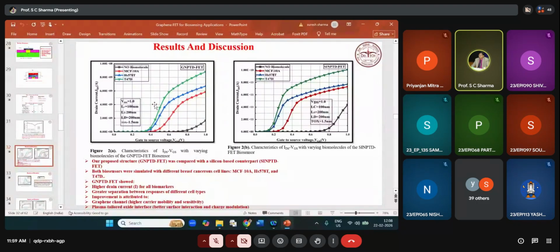Okay, and these are the parameters: drain source voltage, then channel length, source length, drain length, and thickness of oxide. So we can see by increasing permittivity, drain current increases. Here also drain current increases, but these results are better than this one. We can just compare.